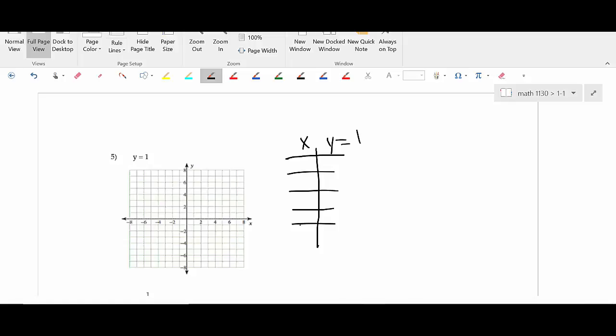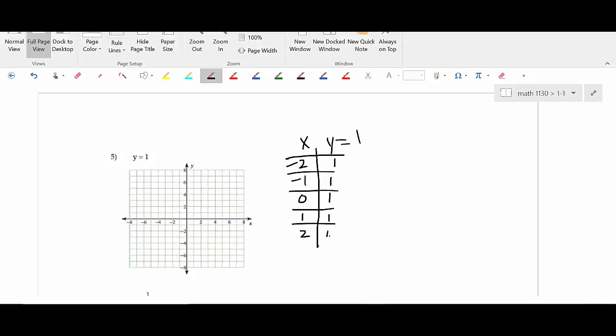So what you'll end up having is your y values are always 1, and x can be whatever you want it to be, okay, because x is anything. So you could just go like -2, -1, 0, 1, and 2, but the point is that y is always 1. So what would a graph look like if it was always up 1?